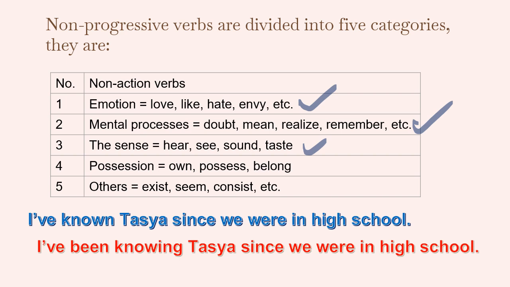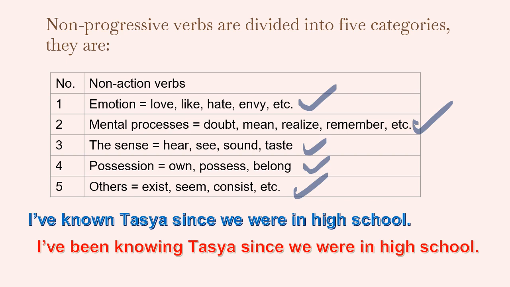Number four, possession, for example, own, possess, belong. Number five, others, for example, exist, seem, consist, etc.